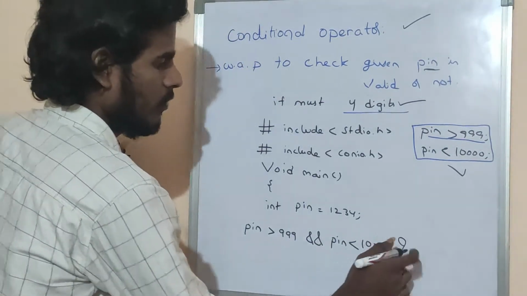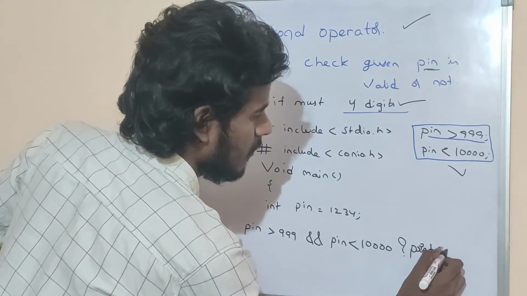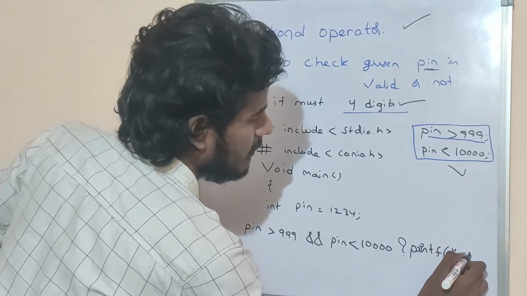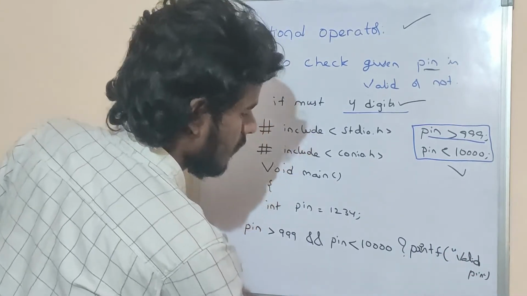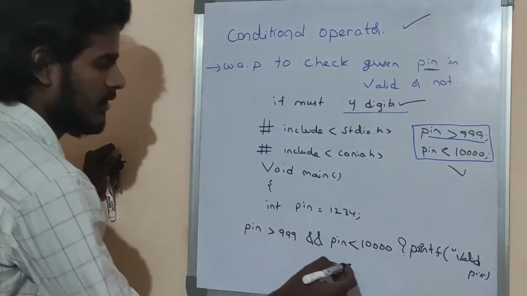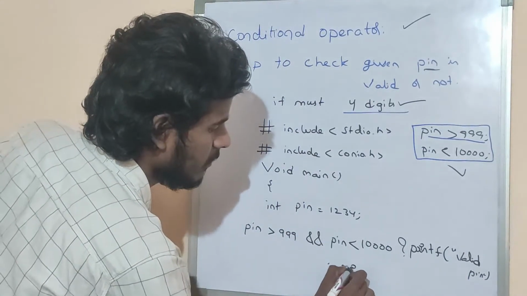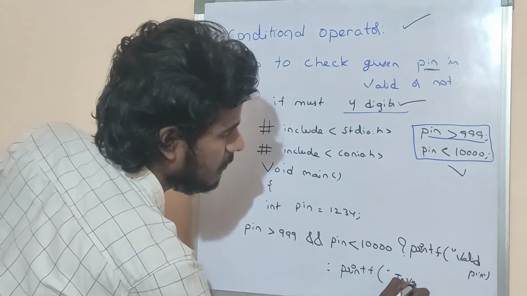If the condition is true, then print valid pin. Next, colon: if the condition is wrong, then print invalid pin.